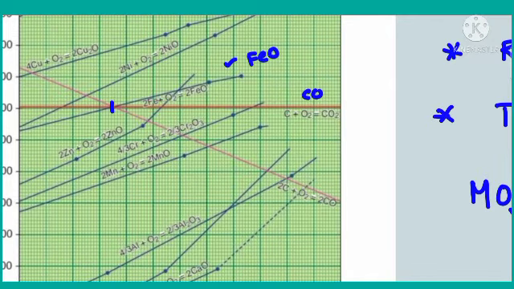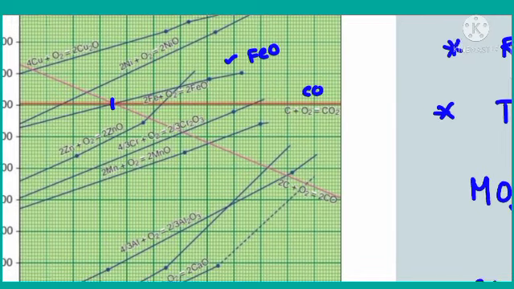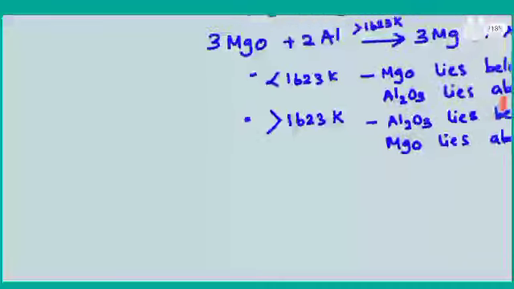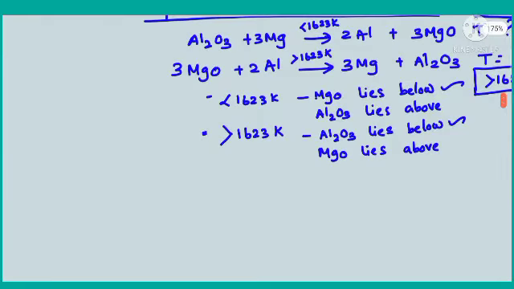So from this you can give a suitable temperature range for reducing iron oxide by the reducing agent carbon monoxide, so that above 1000 Kelvin only, carbon monoxide is lying below and iron oxide is lying above. Therefore the suitable temperature range for reducing iron oxide into iron using carbon monoxide as a reducing agent is above 1000 Kelvin. Okay, so this was the reaction. Actually FeO is supposed to be reduced with the help of carbon monoxide into iron metal, isn't it?